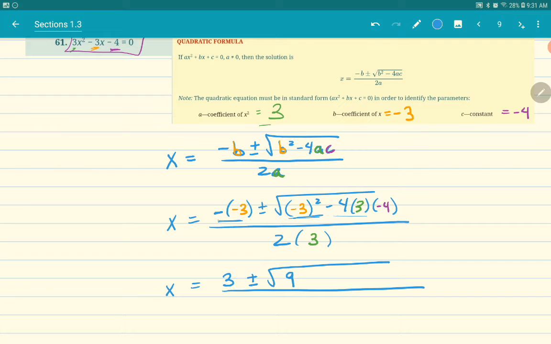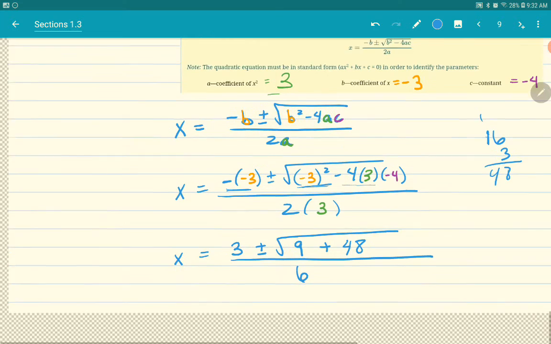So it's a minus a negative, which is going to give me a positive. And then I have 4 times 3 times 4. I'm going to multiply the 4's together to get 16, and then multiply it by 3, and I get 48. Probably should have known that. And then 2 times 3 is 6.